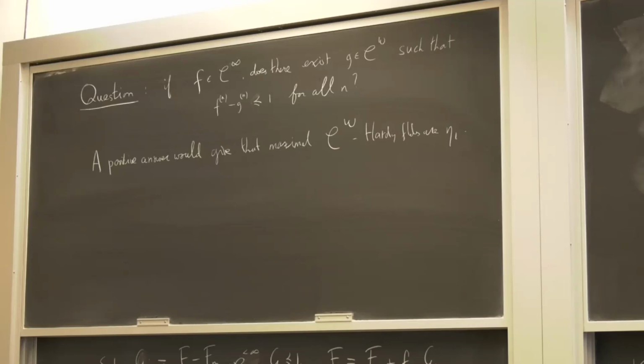Then on a still much smaller interval, F2 minus G2 bounded. So you do have a lot of freedom to play with. I think this is not totally hopeless. This could be, for all I know, true, and it would be interesting to know either way.